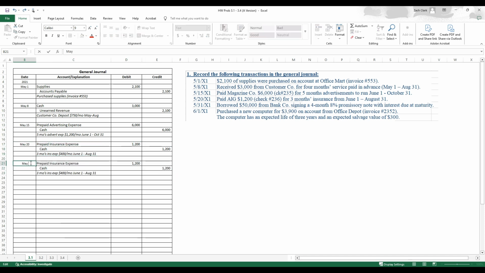Then on May 31st, we borrowed $50,000 from the bank. So we have cash incoming for $50,000. And then we have notes payable being recorded. And let's put our 50,000 in here. So May 31st, and we'll say it's a 4-month, 8% interest due at maturity.